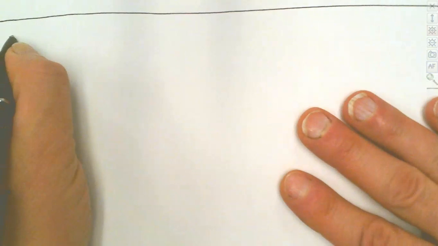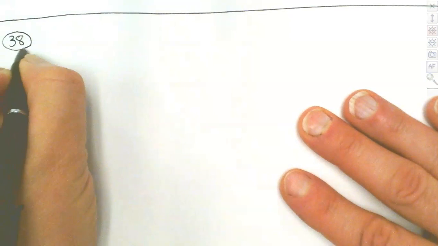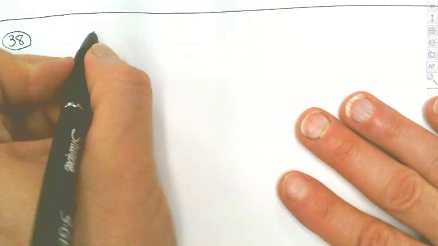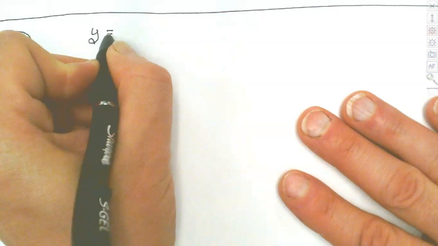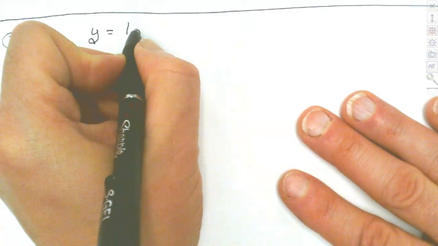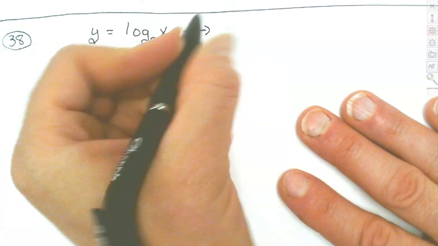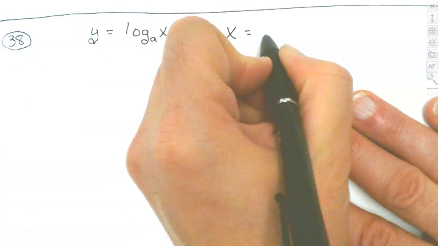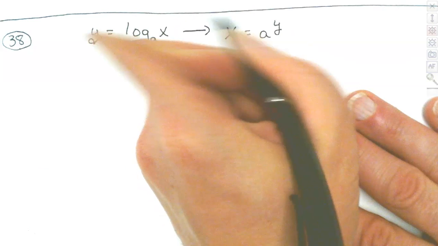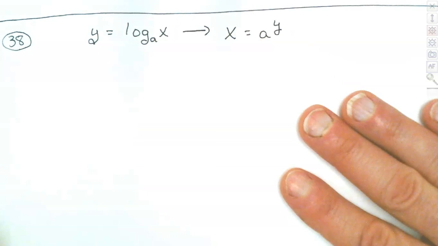So we're now going to look at question 38. And on these, I always like to write up our formula. Whenever we have a logarithm, we need to use this formula because we're going to have to convert it. So 38, what do we have?